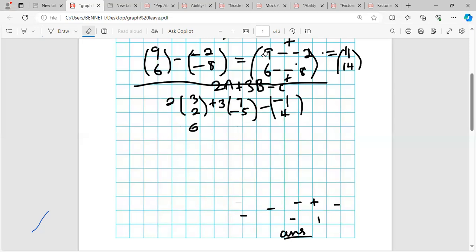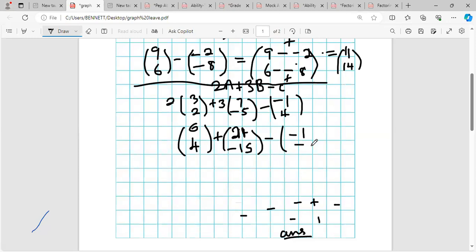Alright. So now we are multiplying by 2. So 2 3s 6, 2 2s 4. Plus 3 7s 21. 3 times that, negative. Drop back to minus, and then negative 1, negative 4. We simplify it now.